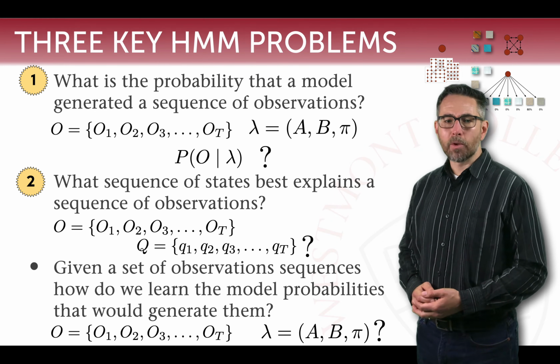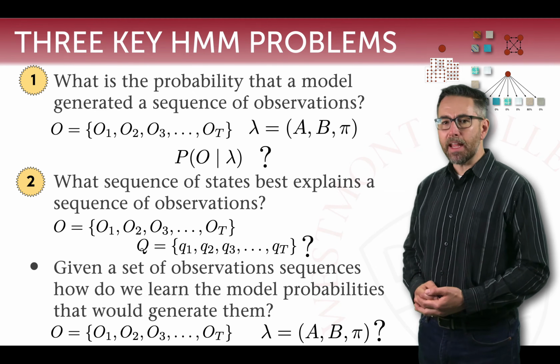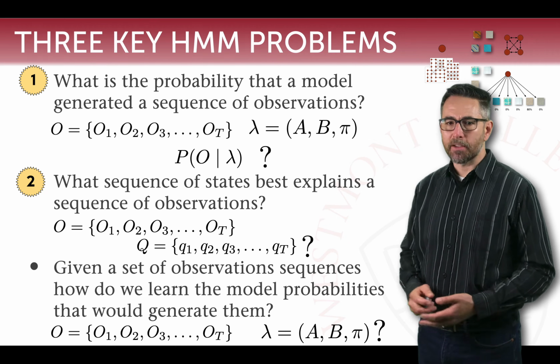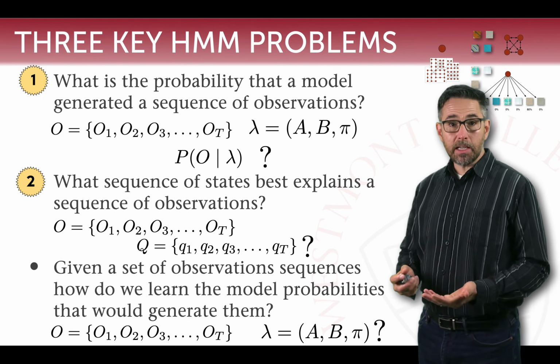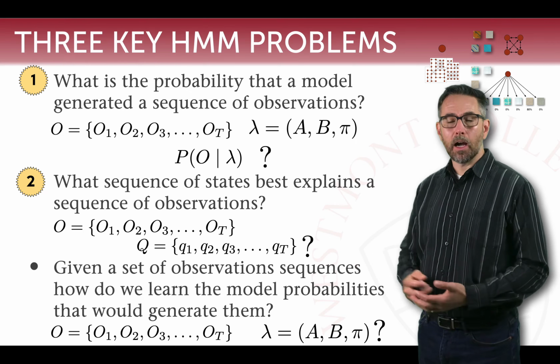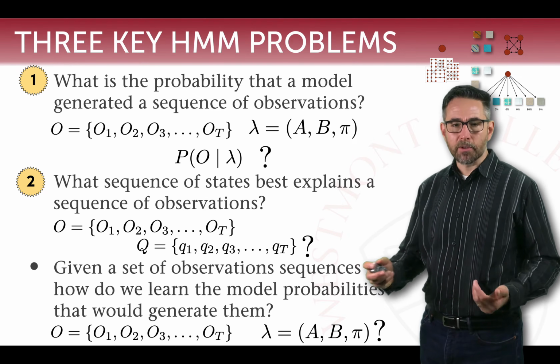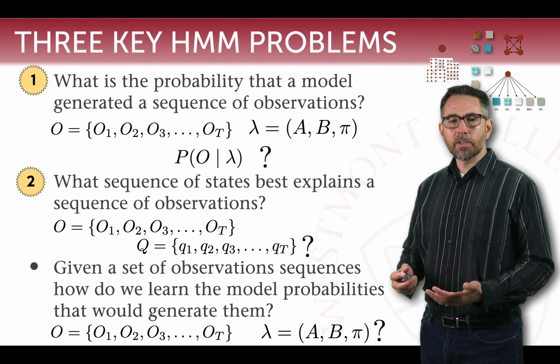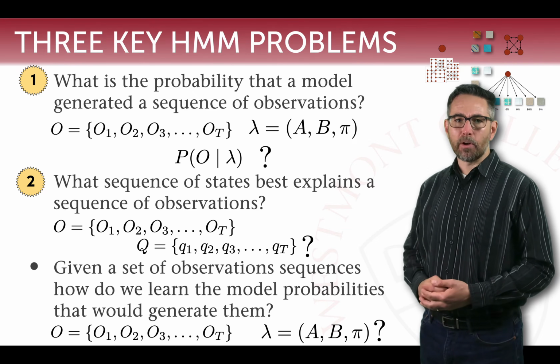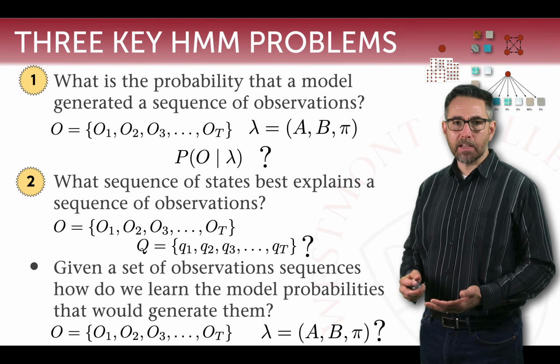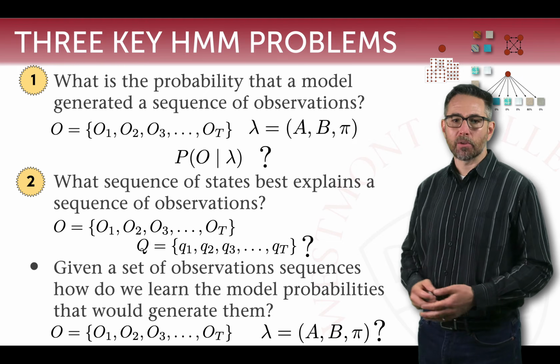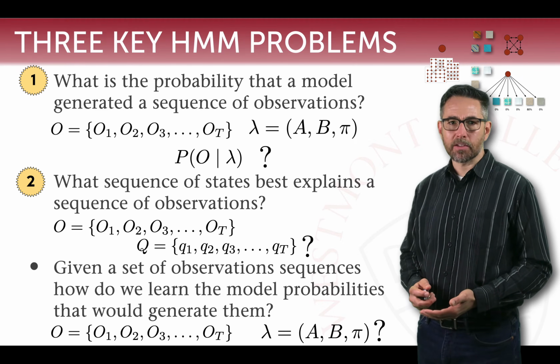The next key problem was to try and understand what sequence of states best explains a sequence of observations. So if you see different floor colorings in a particular temporal sequence, what is the most likely sequence of states that you went through in order to observe that? Or in this case, what path did the robot traverse in order to see that particular set of observations?